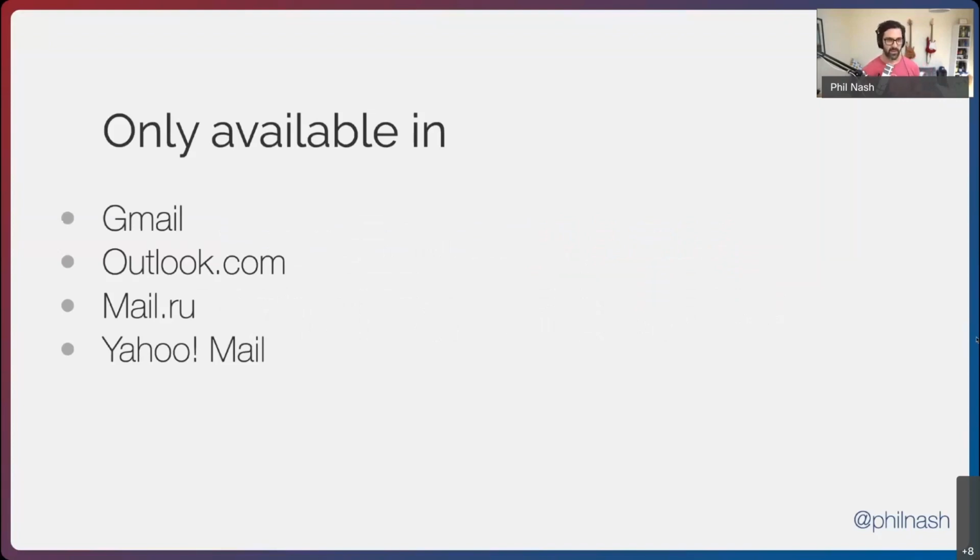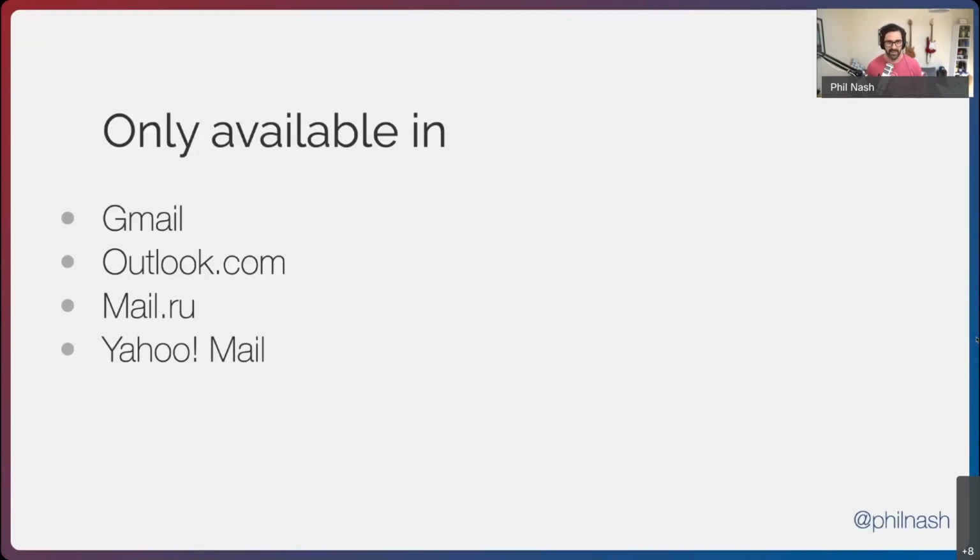And these are the web clients for these. So Outlook.com, not Outlook on the desktop, particularly. Gmail actually does support AMP emails inside of their iOS and Android applications now. So Gmail, if you're using the actual Gmail viewer to view emails, will work with AMP emails.